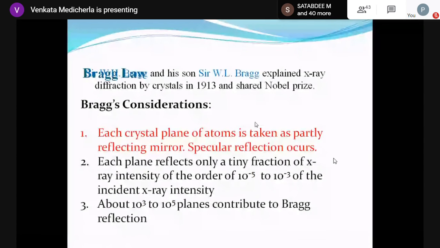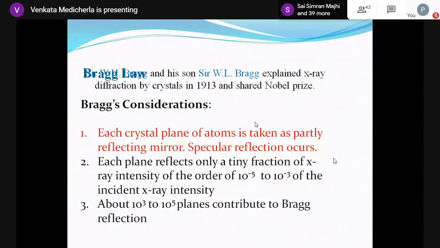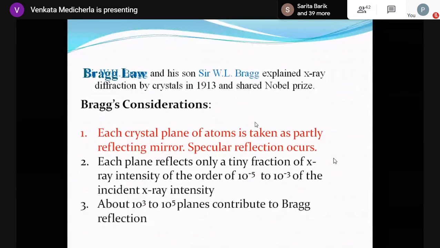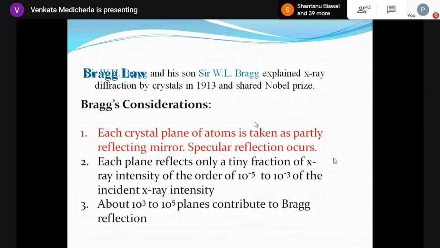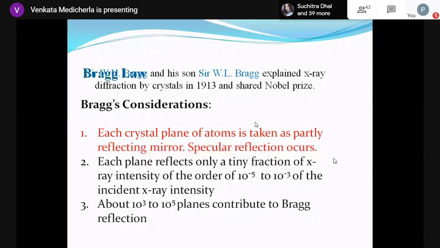His equation is very simple because we have actually two people here, W.H. Bragg and W.L. Bragg. These are father and son. Both of them worked on X-ray diffraction, on different crystals, and they explained how X-ray diffraction actually works.